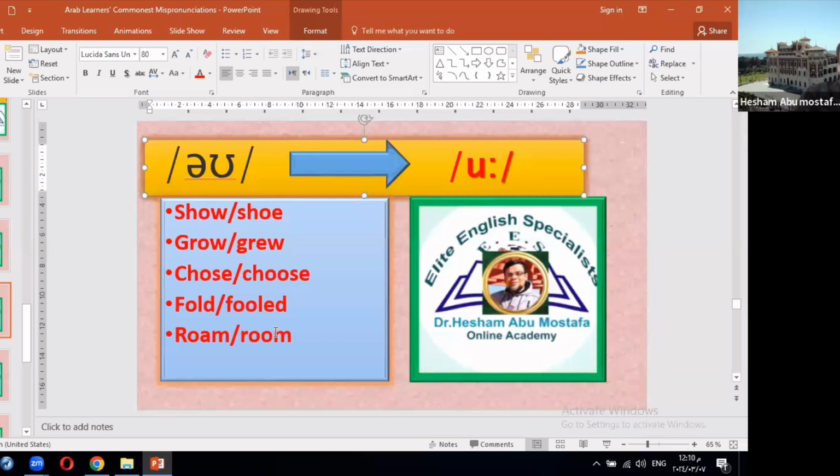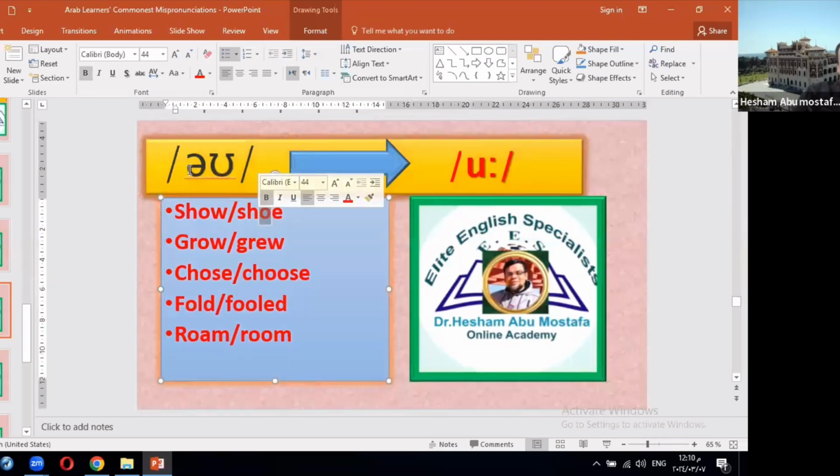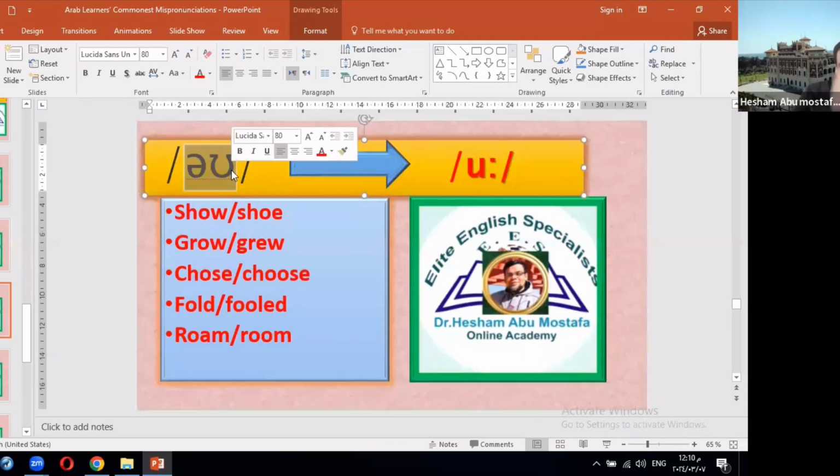Even in some phonics books, they say that the sound of O is long O. It's not long O. It's this diphthong. So it's a diphthong, not a long vowel. So it's not oo, it's O. So students should be trained on the differences between these two vowels, or otherwise they wouldn't distinguish between these words. They would think that they have the same pronunciation.